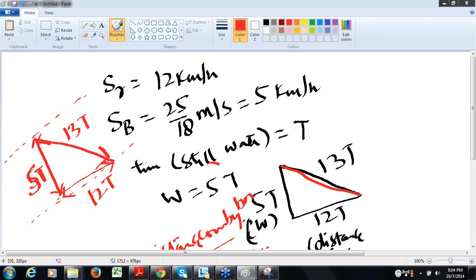See, when you row in a river, there are two things. One is your speed and the other is the speed of the current. So you cannot row like you drive, in a straight line. The effective distance that you cover will depend on the speed of the current and your speed in still water.